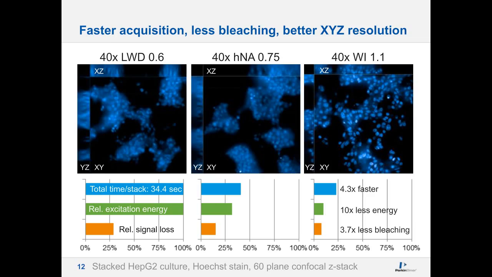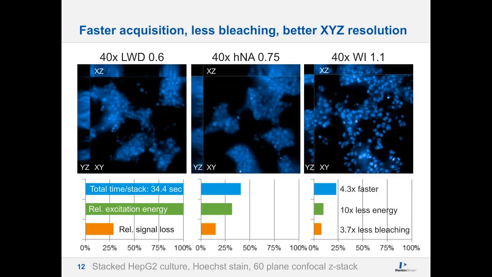So if you look on the left-hand side, you will see one plane out of this stack, and you will see up here the XZ view, and to the left you will see the stack in YZ view. What you can see immediately, and this stack has been acquired with a 40x long working distance objective with an NA of 0.6, is that the image is somewhat blurry and that it is clearly distorted in Z direction.